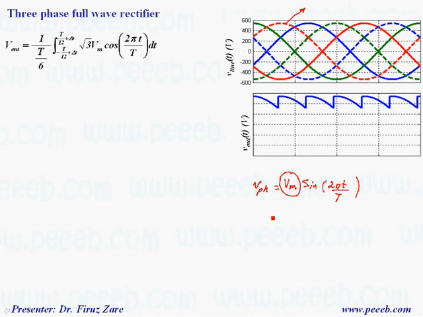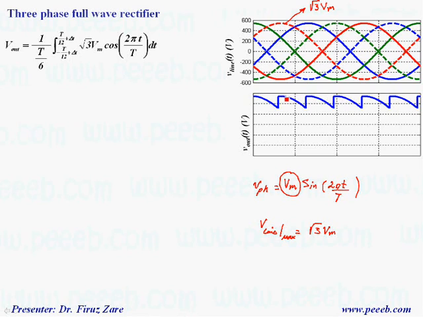So in line, the line voltage max value is root of 3 Vm. That's why this peak value is root of 3 Vm. And because line voltage appears across the load, this voltage is the line voltage.